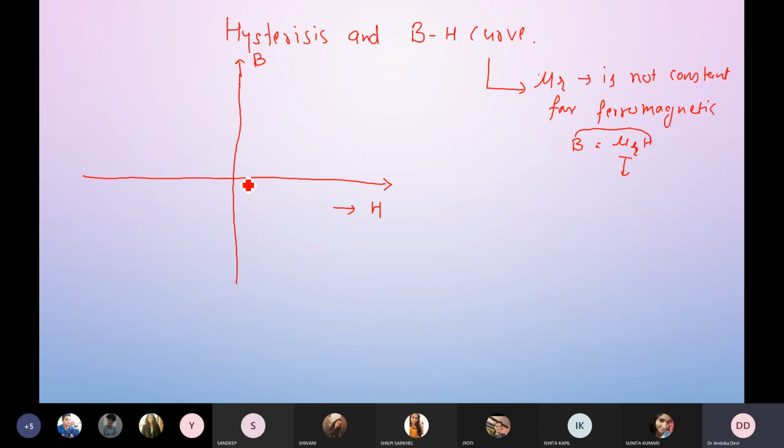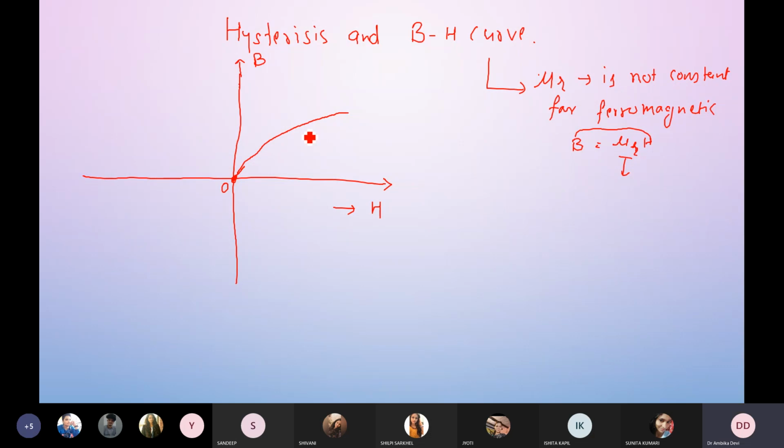If the magnetic field H is increased, this is the origin, and this is 0. If a positive magnetic field is applied to the sample, then the magnetic flux will follow like this.